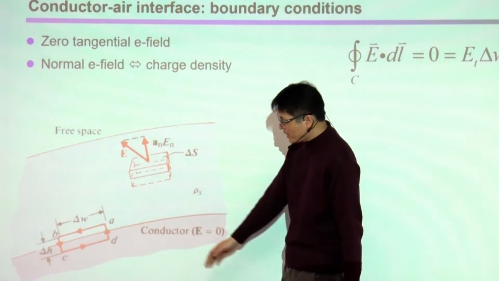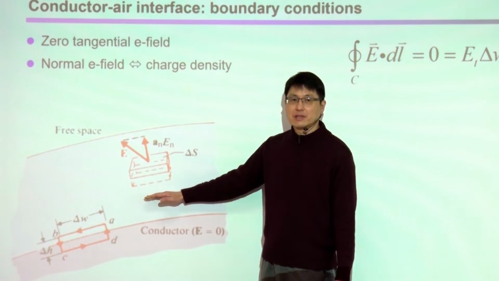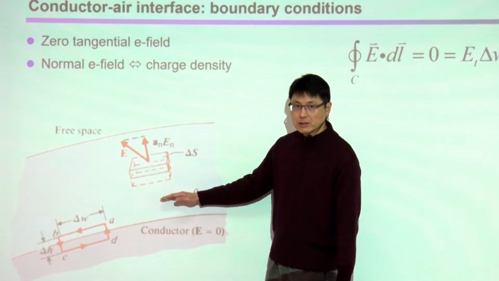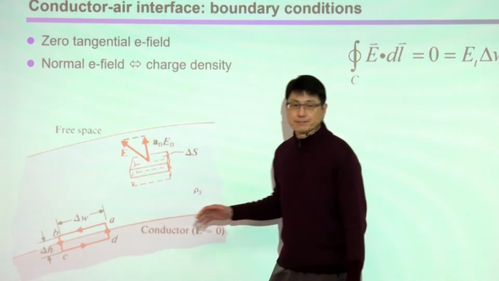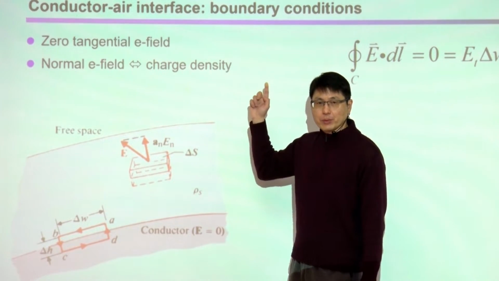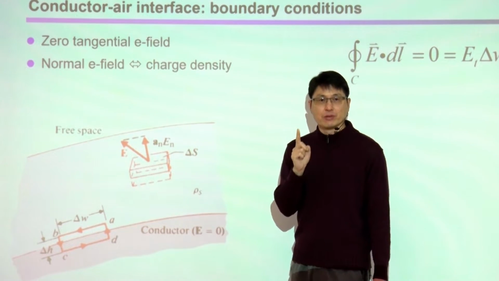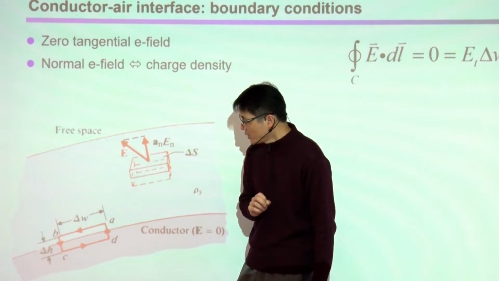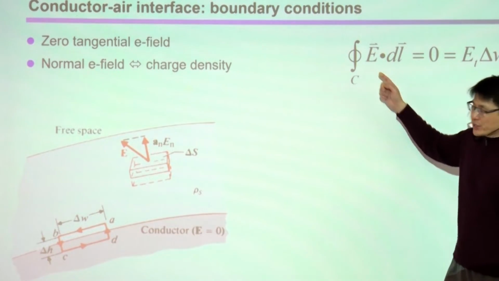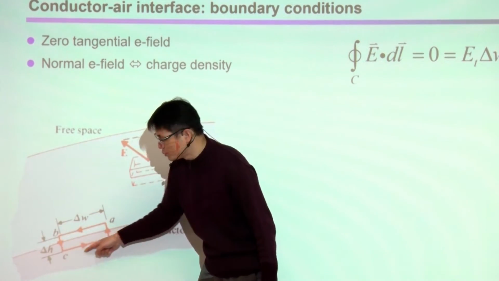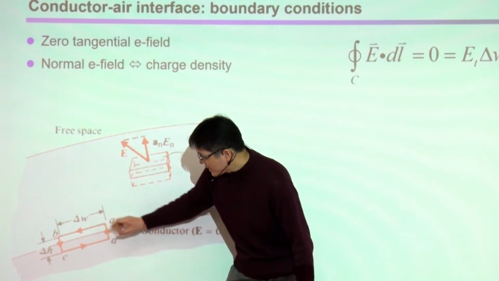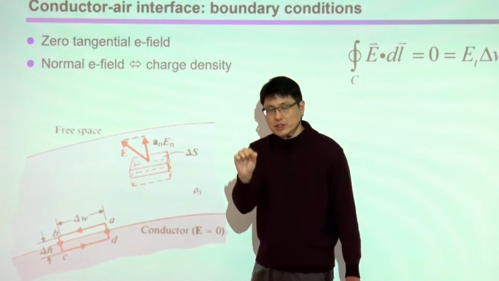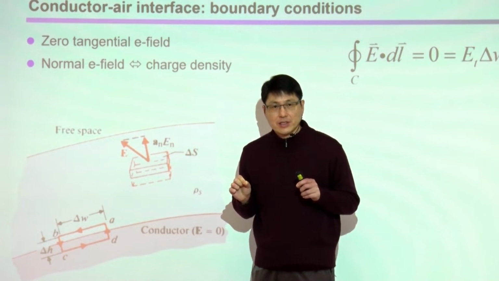So now what happens if you have a conductor and another material forming an interface? Conductor, air, you have an interface. This further corroborates that you cannot have the tangential field component even though you have a point charge. Whenever you have the curl operation, you need to form a closed loop, right? For this case, this length delta H can be extremely short, so you don't need to evaluate its contribution.